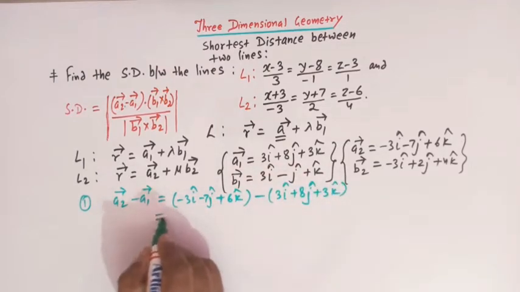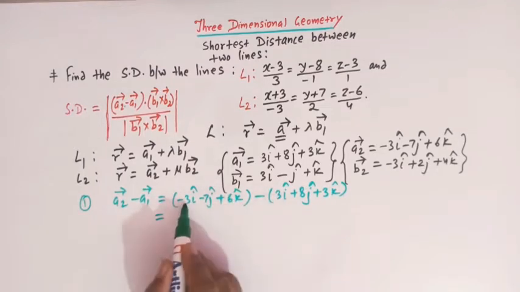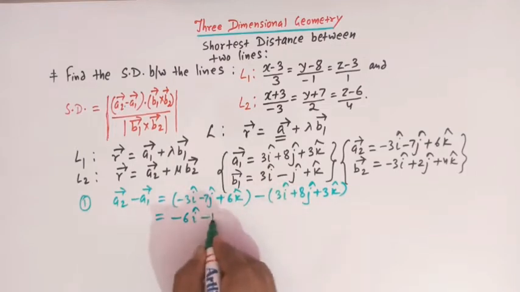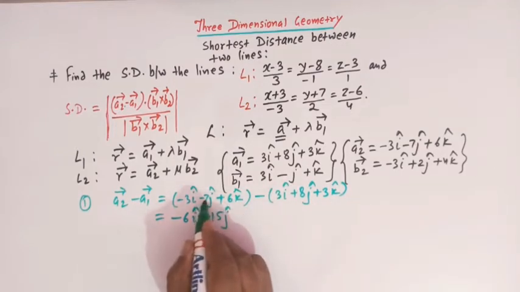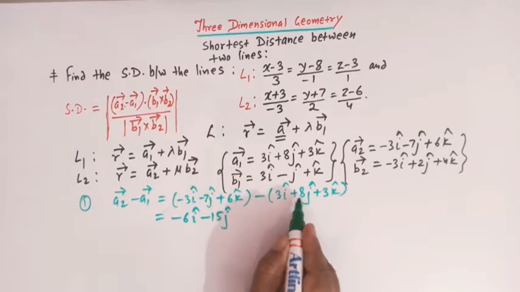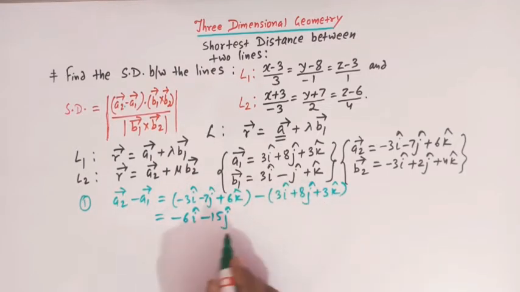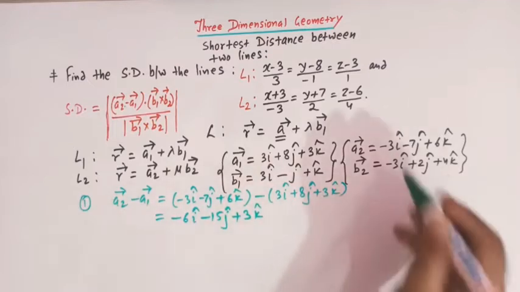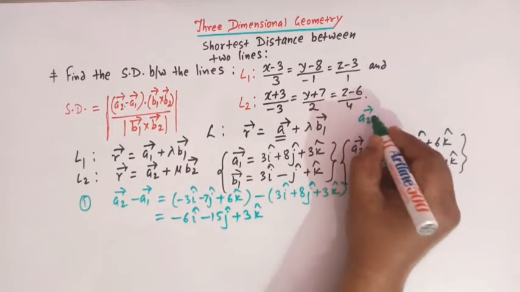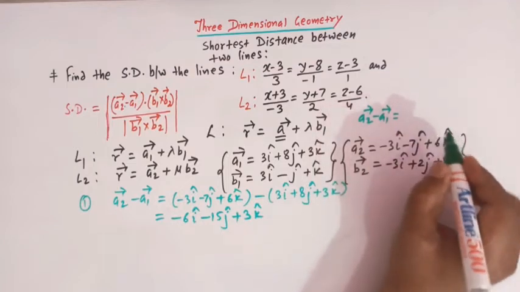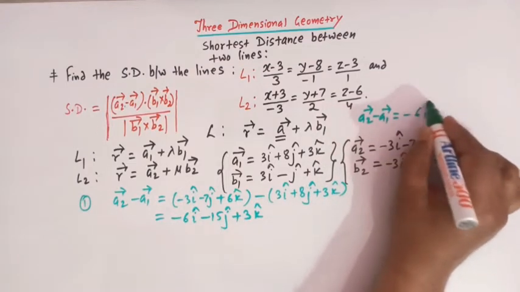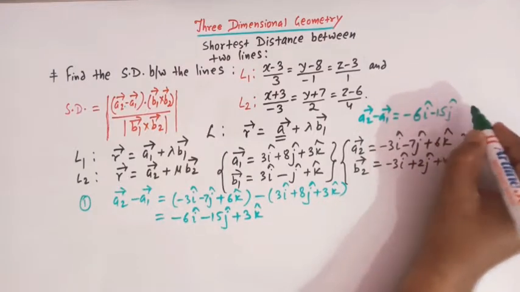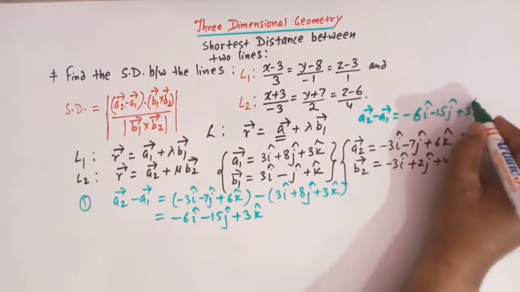So we have minus 6i cap, and here we have minus 15j cap because this is minus 7, this is minus 8, and here we have 6 minus 3, that is plus 3. So vector a2 minus vector a1 is minus 6i cap minus 15j cap plus 3k cap.